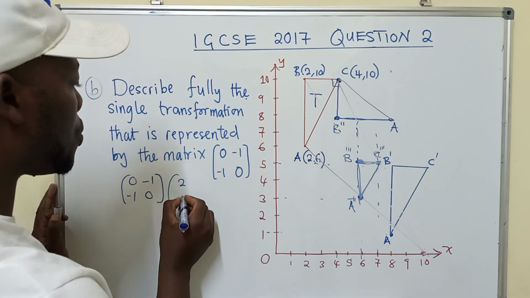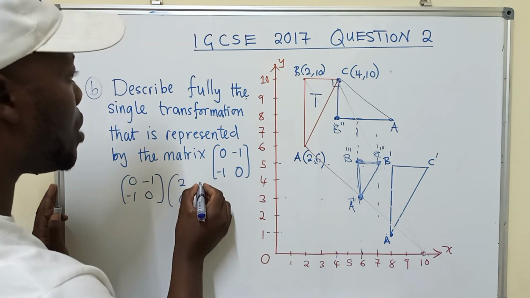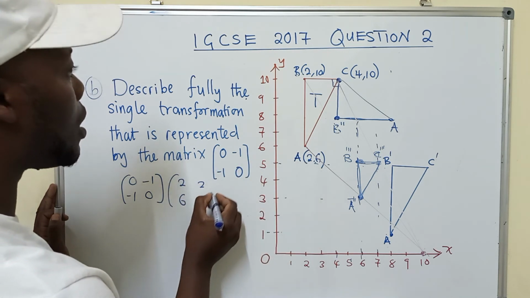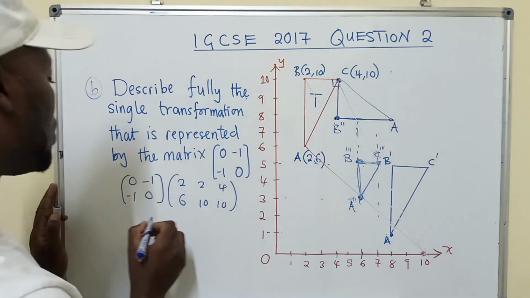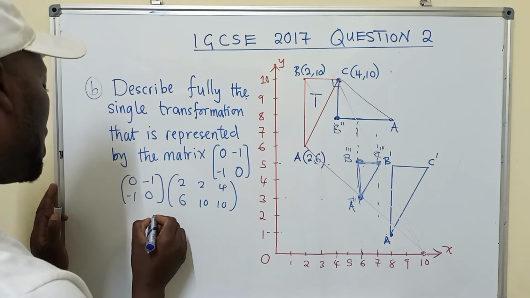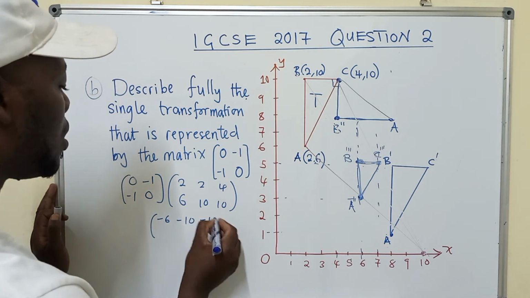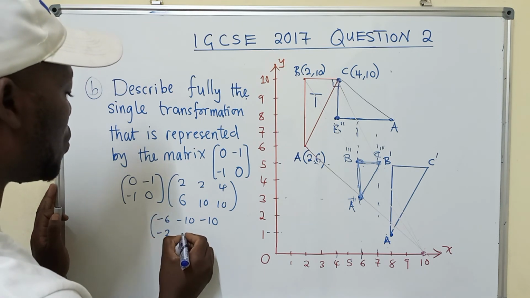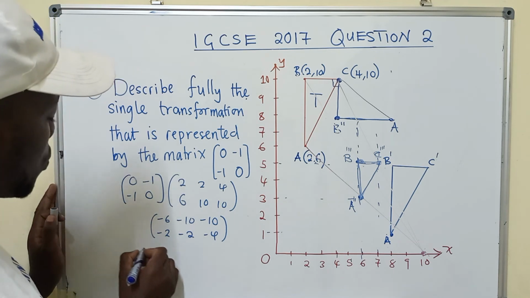So I have 2, 6 there. This is for A. For B, we have 2, 10. For C, we have 4, 10. Hopefully you're able to see. And when we multiply, we shall get negative 6, negative 10, negative 10. Here, negative 2, negative 2, negative 4. So this is how it will be.